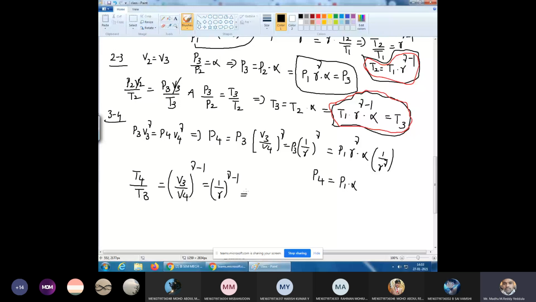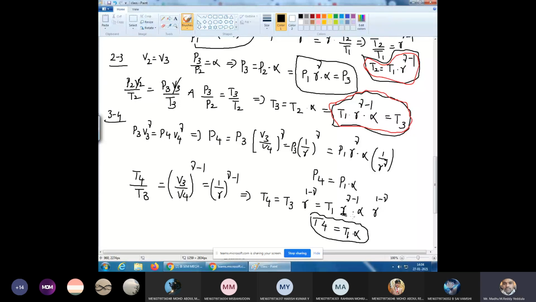From this, T4 is equal to T3 into r power 1 minus gamma. But T3 is T1 into r power gamma minus 1 into alpha, into r power 1 minus gamma. So these two will cancel, since when bases are the same I can add powers. Therefore, I am left with T4 is equal to T1 into alpha. Agree?